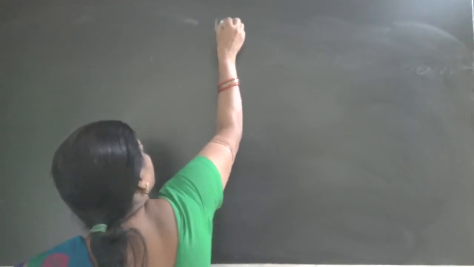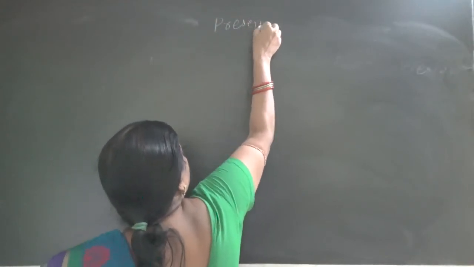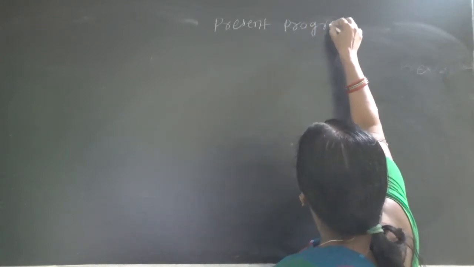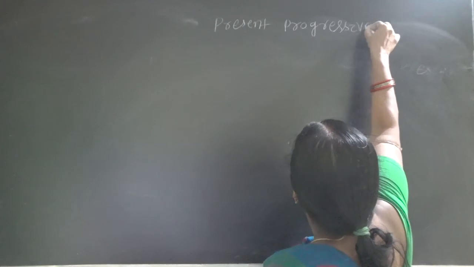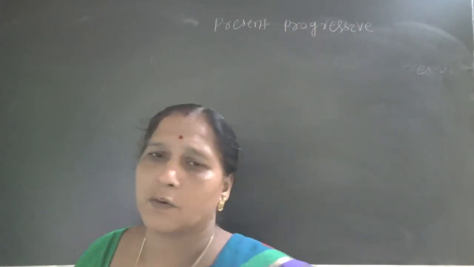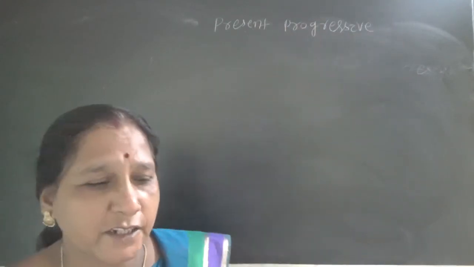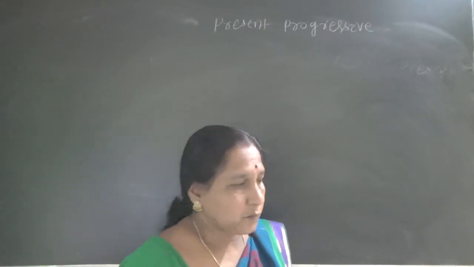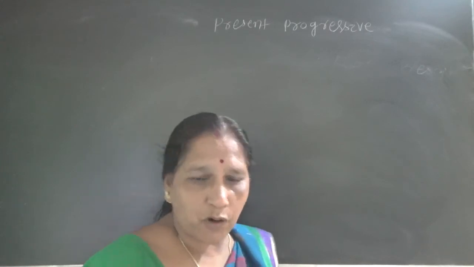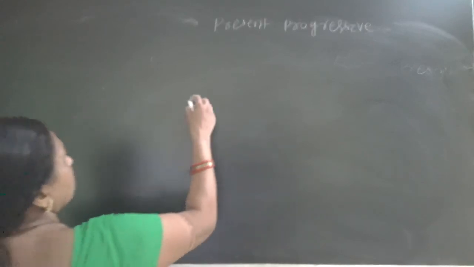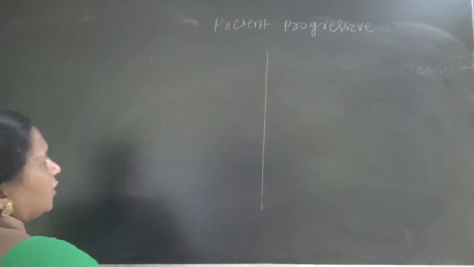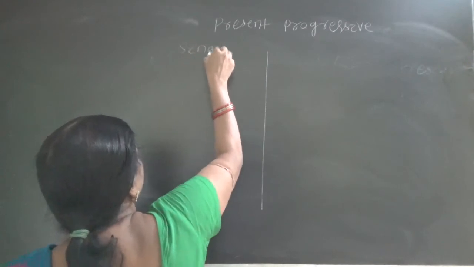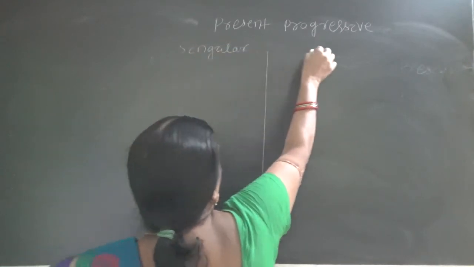Then students, we will discuss present progressive. Like present simple, we can use present progressive for future time. First, we can divide into singular number and plural number.